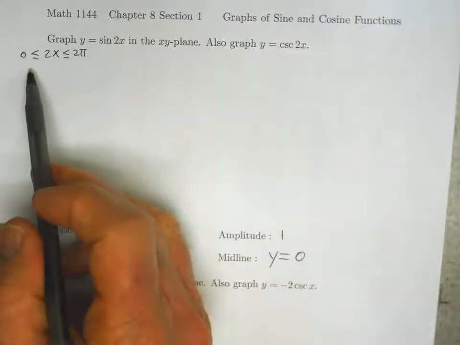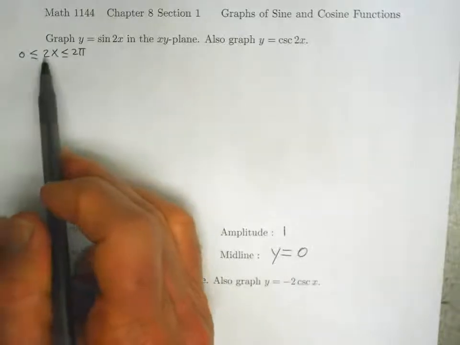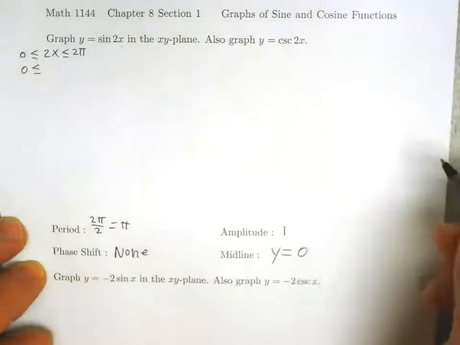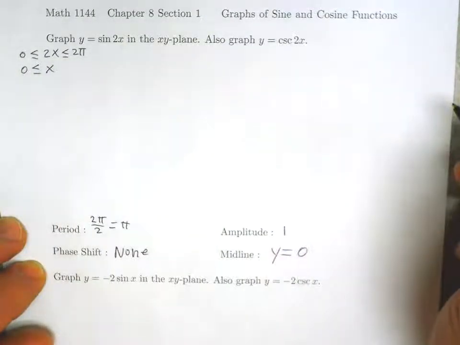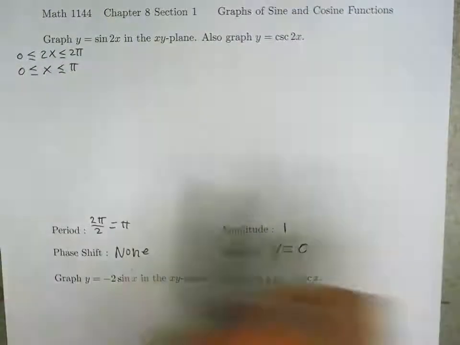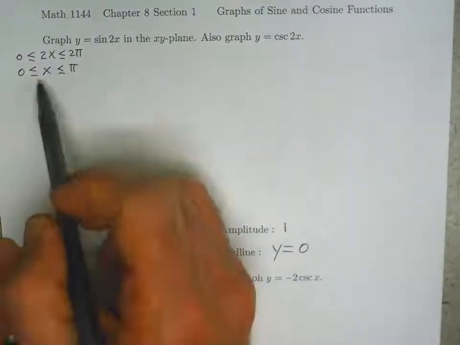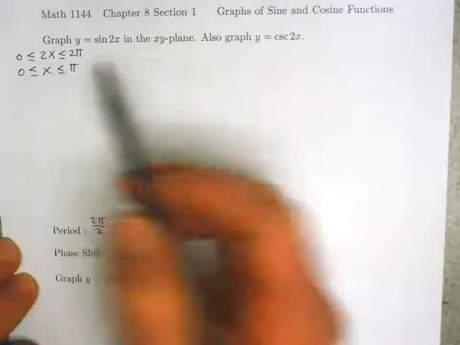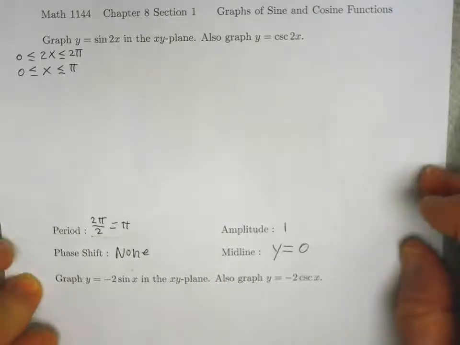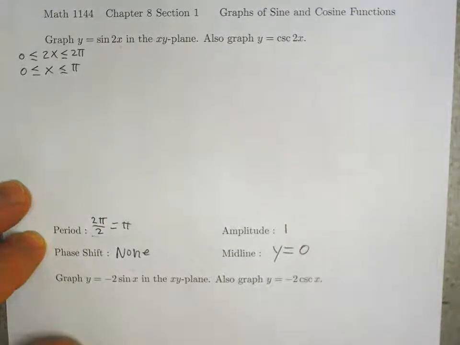If we solve this compound inequality for x, we can divide each of the 3 parts by 2. 0 divided by 2 is 0. 2x divided by 2 is x. 2 pi divided by 2 is pi. So this number on the left is 0, which indicates that there's no phase shift. And the length of the interval is pi, which indicates that the period is pi. We'll practice this for each of the other ones where we have to.